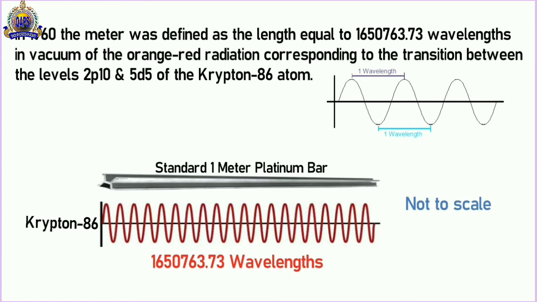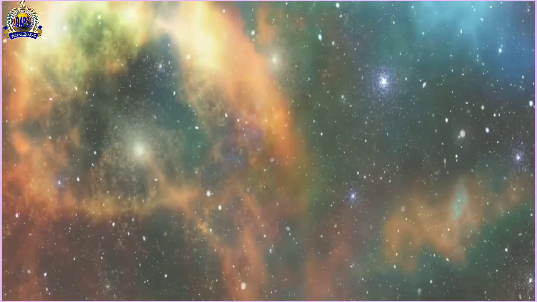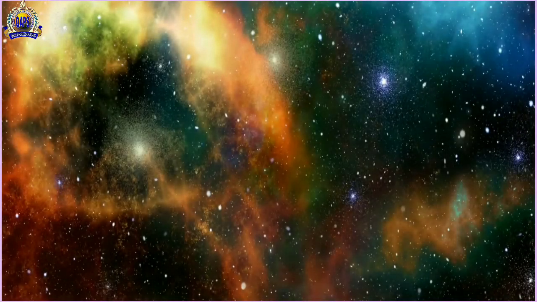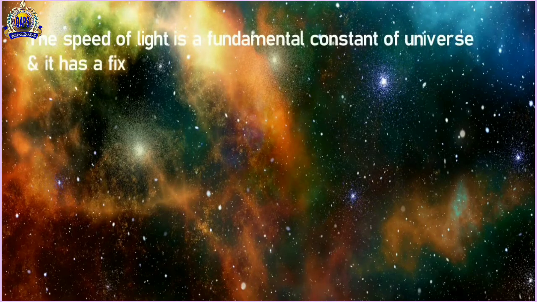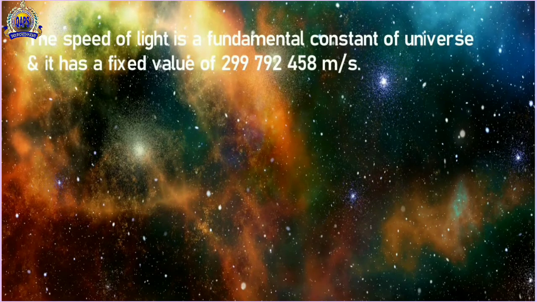And we have talked about the platinum bar, what the platinum bar is. The scientists had more craze to define it more exactly. So for defining this, they came to the speed of light in vacuum, and they took it as a standard to define a meter.